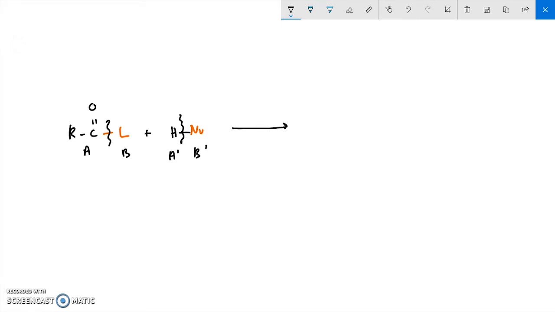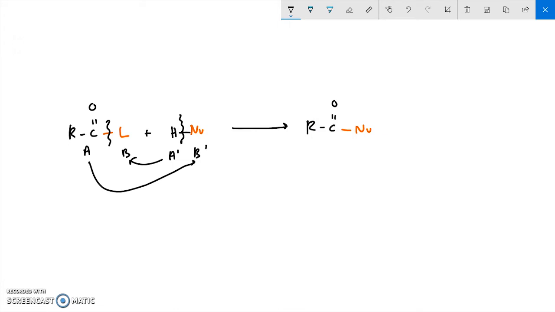So we're going to do the substitution between the partners. A will combine with B prime, while A prime will combine with B. If we rewrite the structure, it will look like this: RC double bond O attached to the nucleophile.